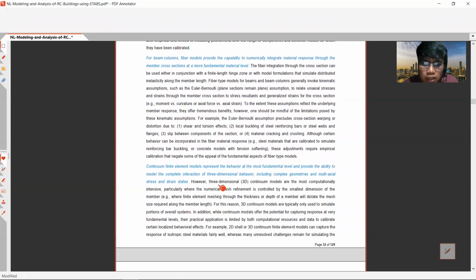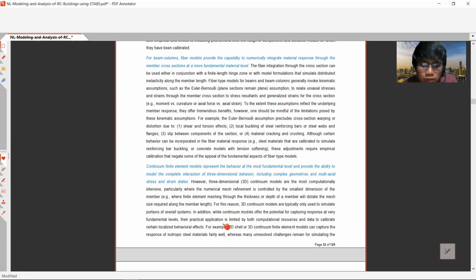However, three-dimensional continuum models are the most computationally intensive, particularly where the numerical mesh refinement is controlled by the smallest dimension of the member. So the finite element meshing through the thickness or depth of a member will dictate the mesh size required along the member length. Okay, so for this reason, yung 3D continuum models are typically only used to simulate portions of an overall system.